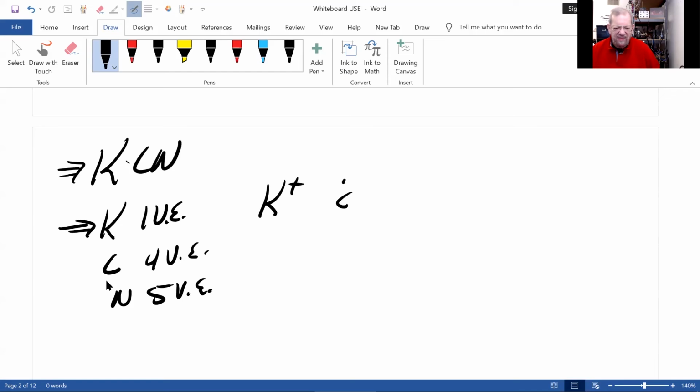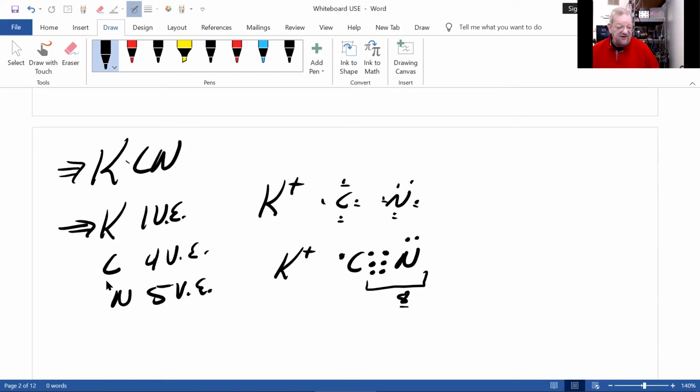Now, carbon has 4 valence electrons, nitrogen 5, and carbon says, oh, I've got 3 electrons single, you've got 3, let's form a triple bond. And they do. And if you look here, nitrogen now has 8 valence electrons, its octet.